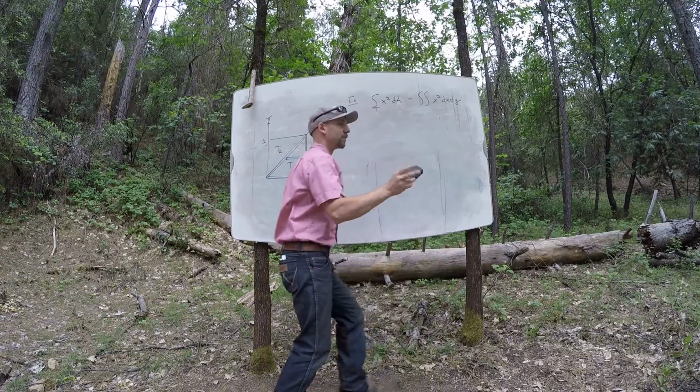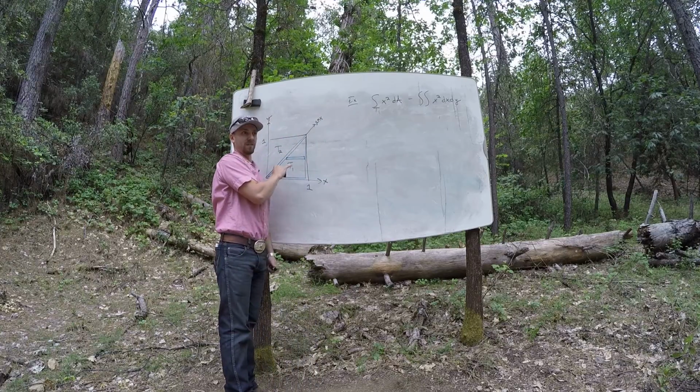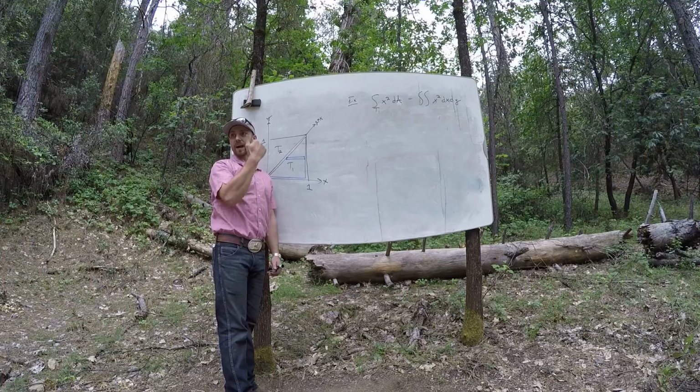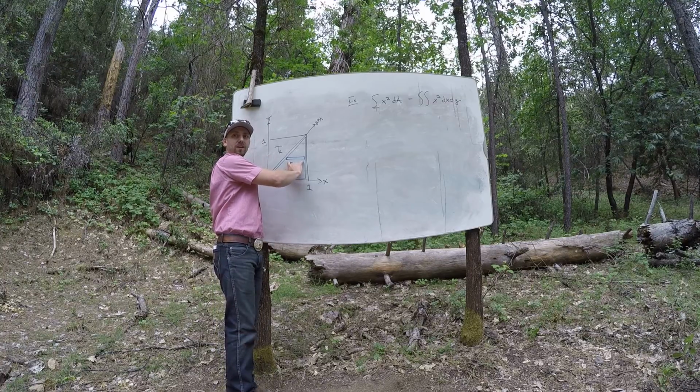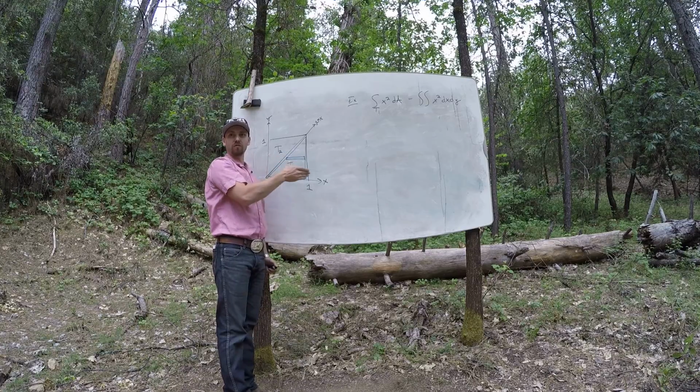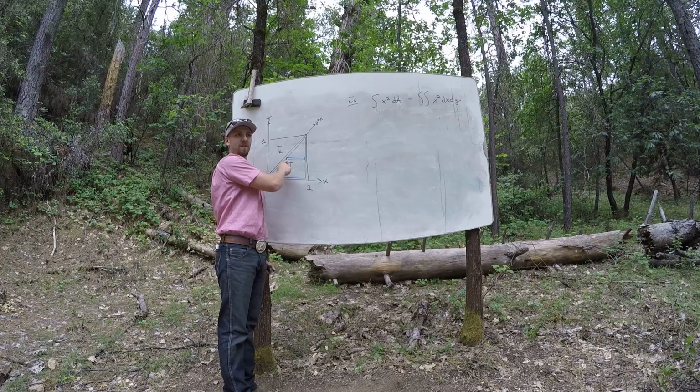So what you want to ask yourself is, where do the x's go? I'm integrating dx, that's holding y constant. So I'm going to draw this little rectangle in here. And then, where do the x's range from? In this rectangle, where do the x's start?